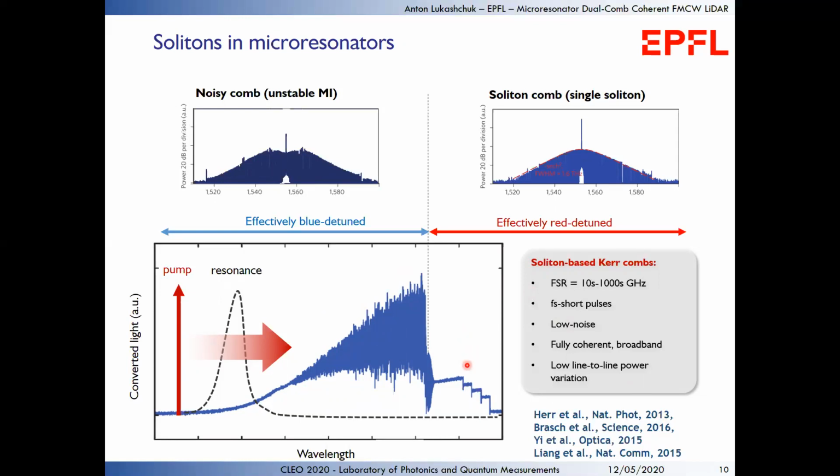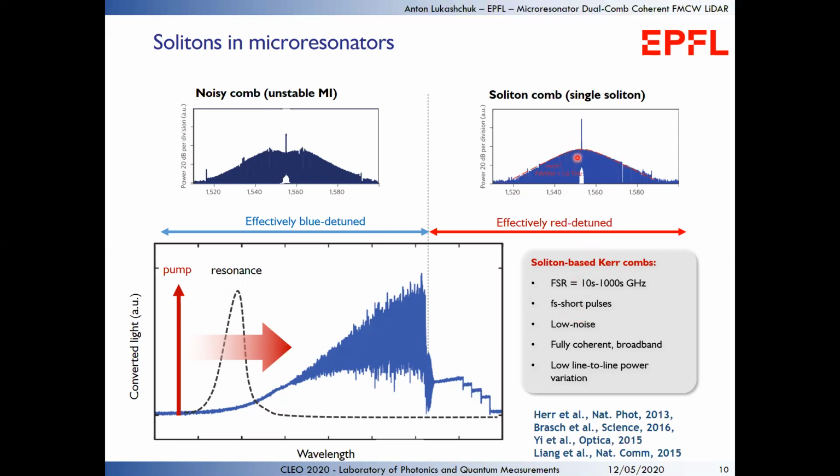from the cavity, your time domain self-organizes into solitons, whose spectral picture looks like that. And those solitons are nice structures because they are fully coherent, in the sense that you have a fixed phase relationship between each of the optical lines.